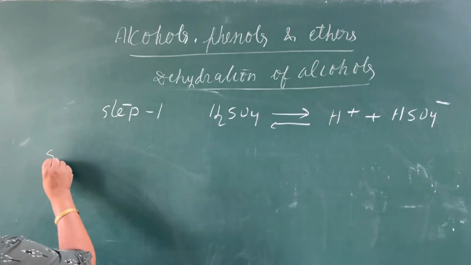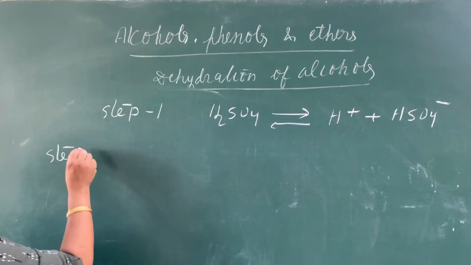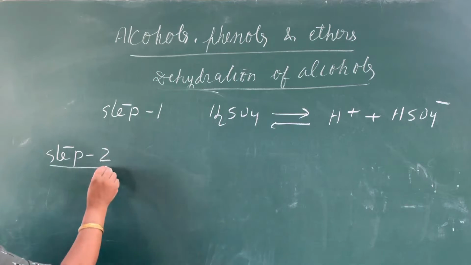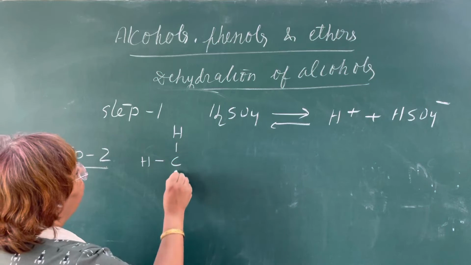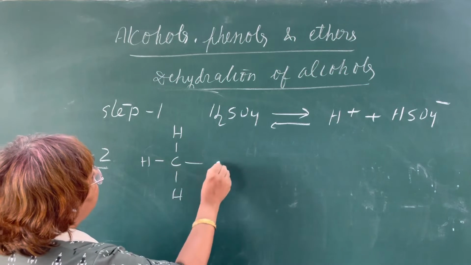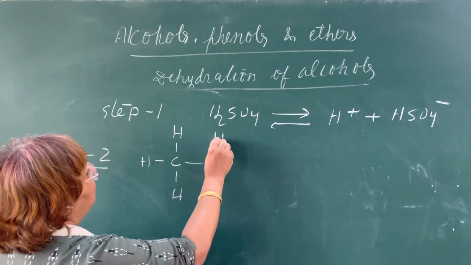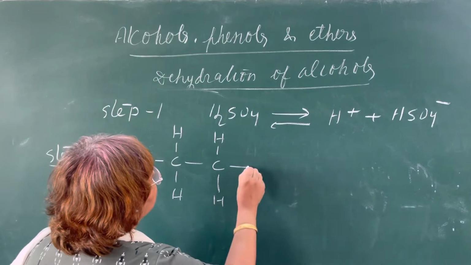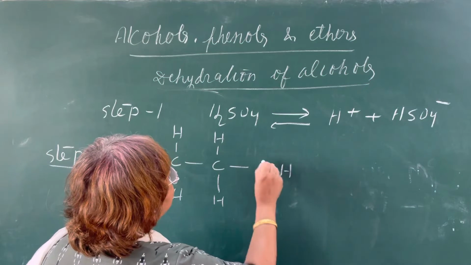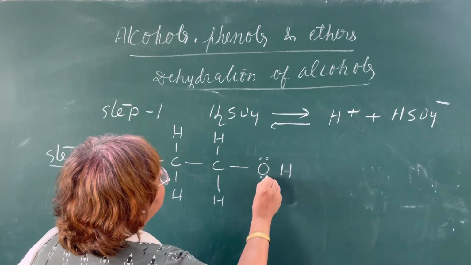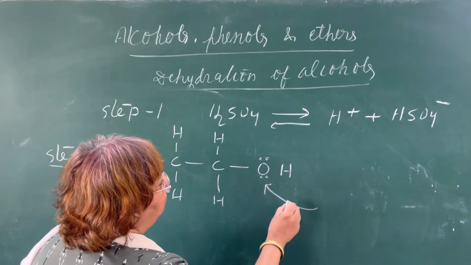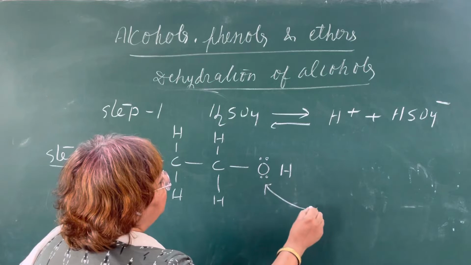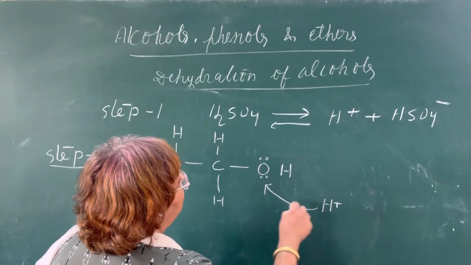Now step 2, what happens? H plus ion attacks on alcohol. Suppose we are taking ethanol only, it attacks on alcohol. Which part it attacks? It attacks on oxygen atom, because there are two lone pairs of electrons on oxygen. So oxygen is able to form a coordinate covalent bond.